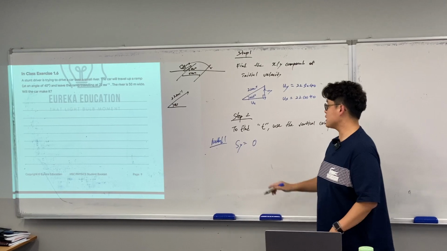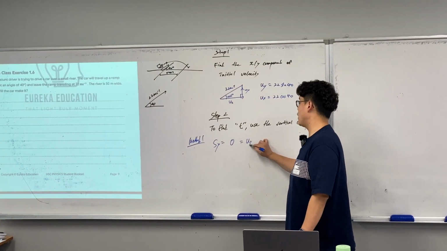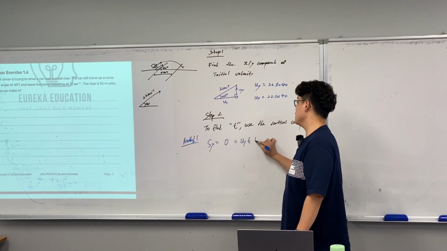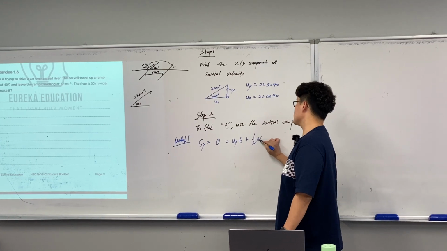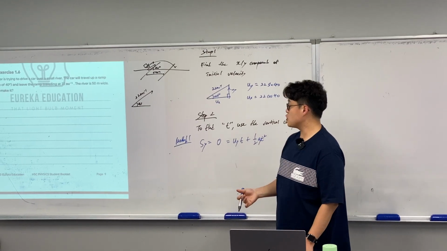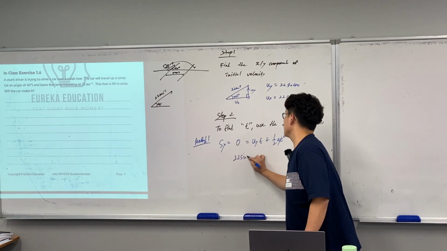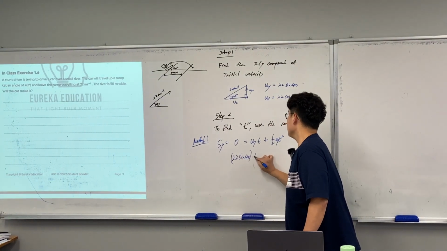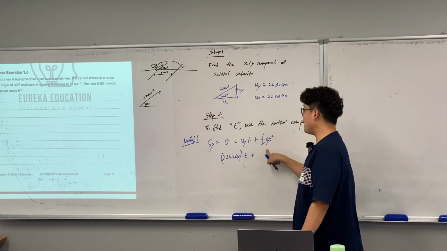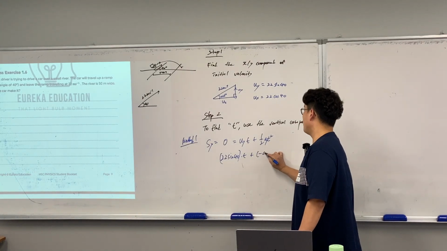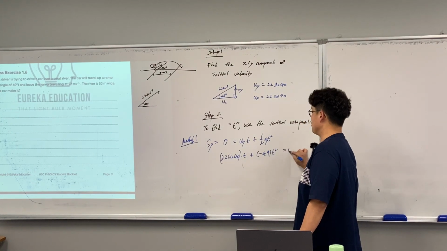So using that sy equals 0, you can take sy equals uyt plus half ayt squared. And they show the substitution values here. The uy is 22 sine 40 times t plus half of the ay, which is minus 4.9, t squared, equals 0.